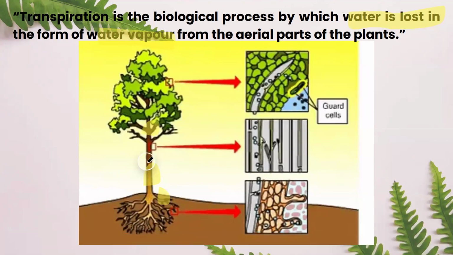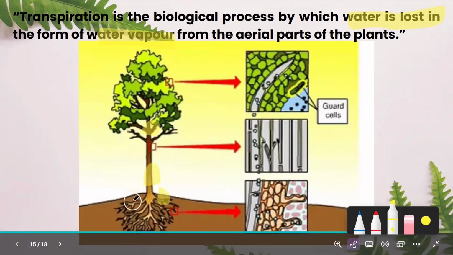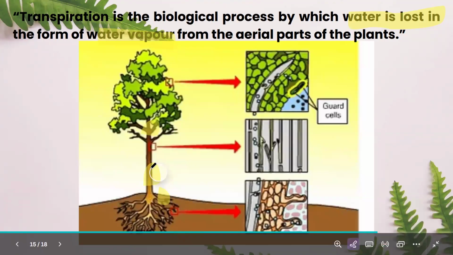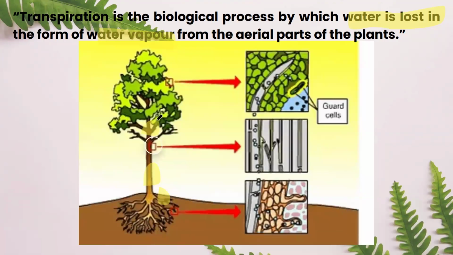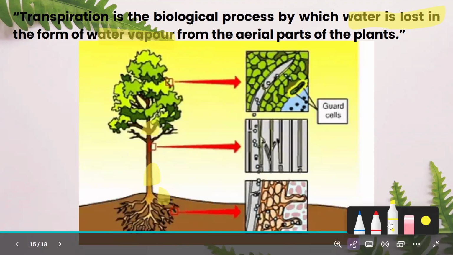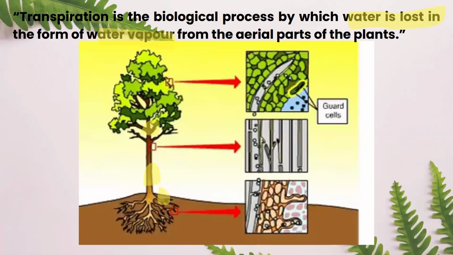Between the soil and the root, some air gaps will be there through which gas exchange takes place. On the stem we have the lenticels. On the leaf, the green portion, we will see small tiny pores called stomata, which allow water loss to take place.